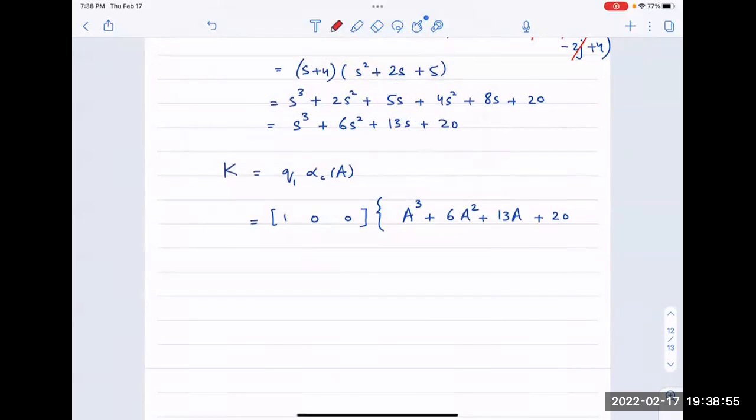So remember, this I is very important here, right? If you don't include I, then you cannot add the matrices.